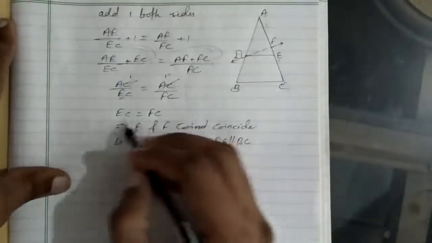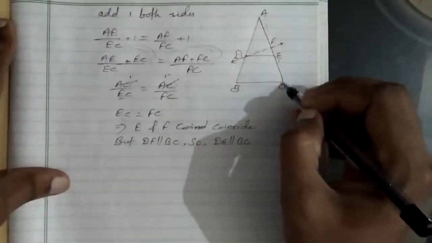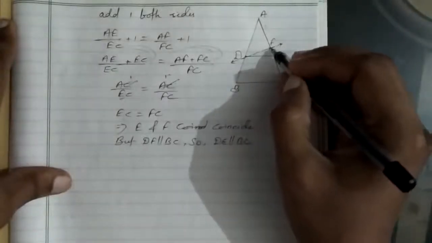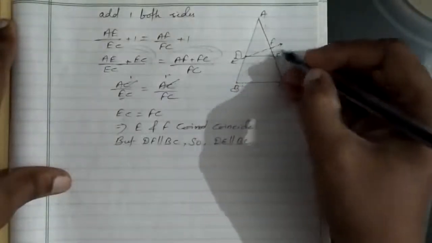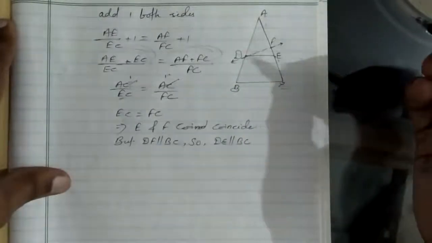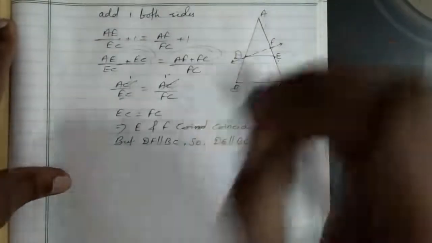It means if EC equal to FC, this EC distance is coming equal to FC. So this will be possible only when this point F and E coincide, means they are on each other. Fine. So they cannot be different points, they will be the same point.